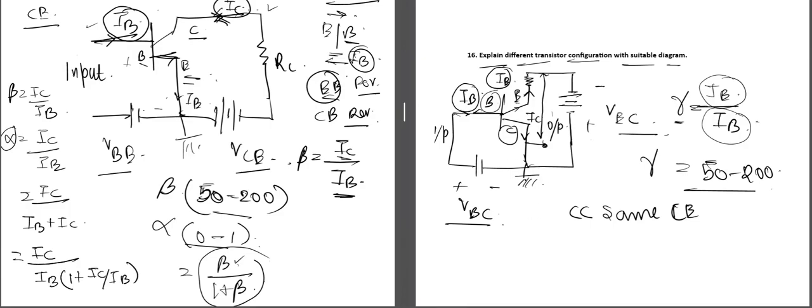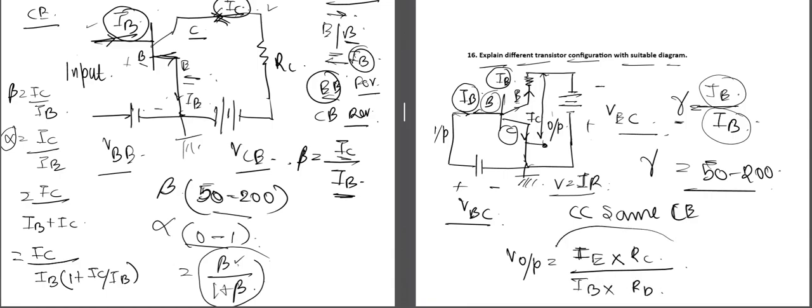This is because the output voltage, we know V is equal to IR, is the output current into the output resistance. The output current is IE and the output resistance is RC, and the input current is IB and the input resistance is RB.